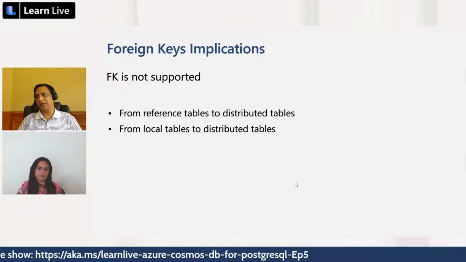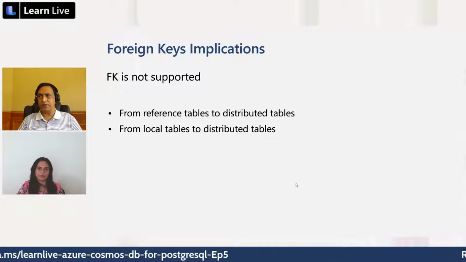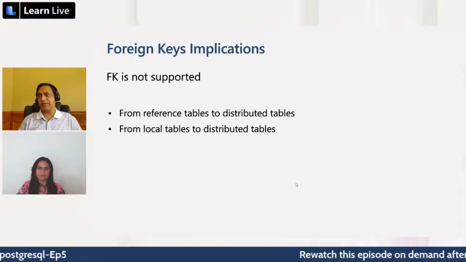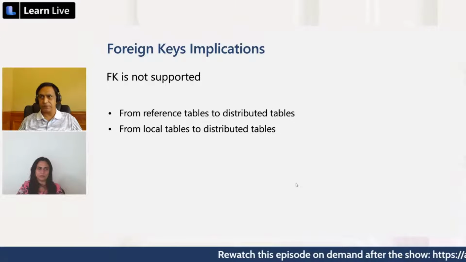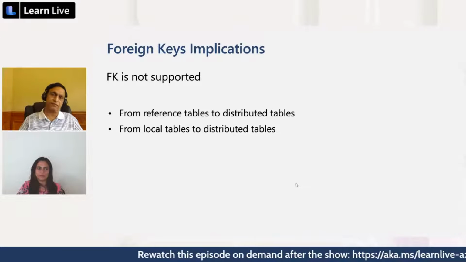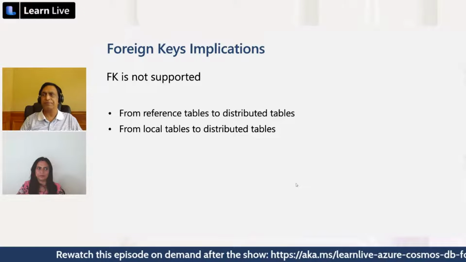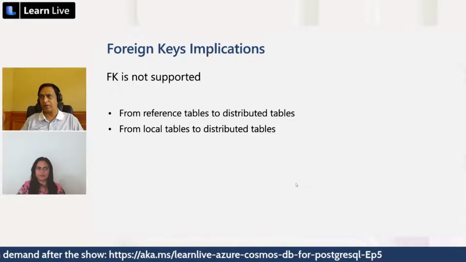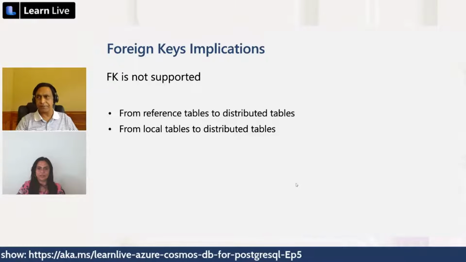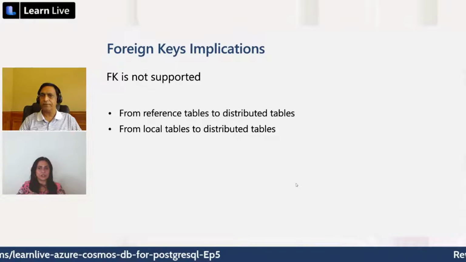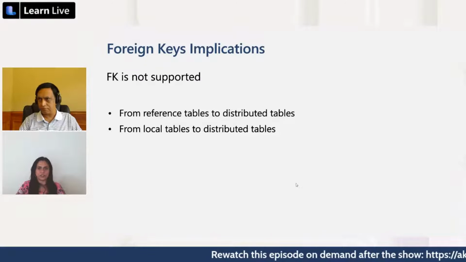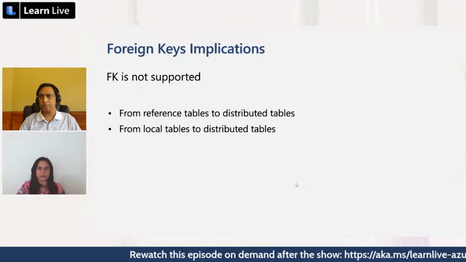And the relationship between local tables and distributed tables is also not supported because the data is distributed in multiple tables and a connection from a local table is not possible. So those are the two places where you have to be careful. You cannot have a foreign key relationship. The thing you need to remember is you can have the relationship from the distributed to the reference table, right? But you cannot have it from the reference table to the distributed table. So that's something you need to keep in mind.